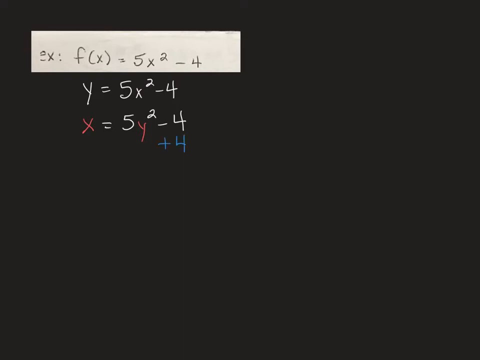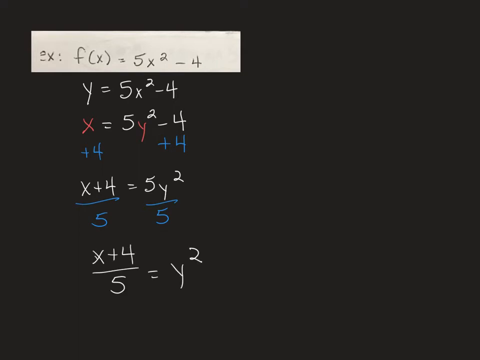So again, I want that y alone, so we're going to add 4 to both sides. That becomes x plus 4 equals 5y squared. We're going to divide, not by 2, we're going to divide by 5 on both sides. And you're going to tell me x plus 4 over 5 equals y squared.